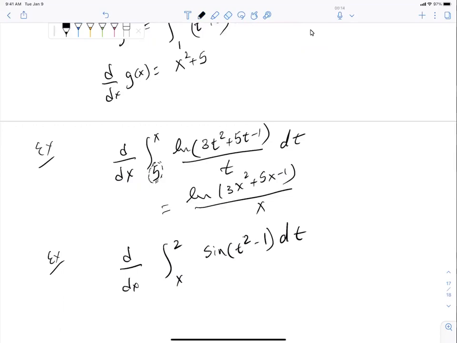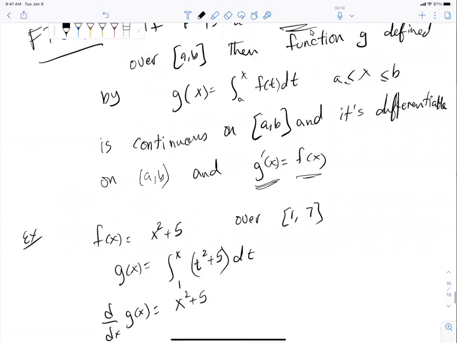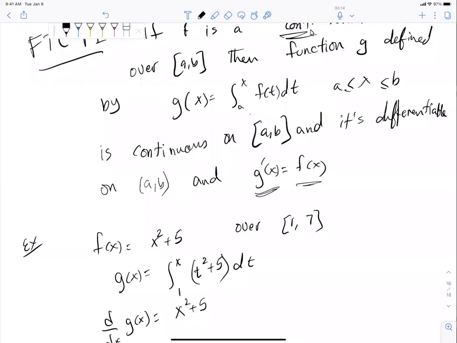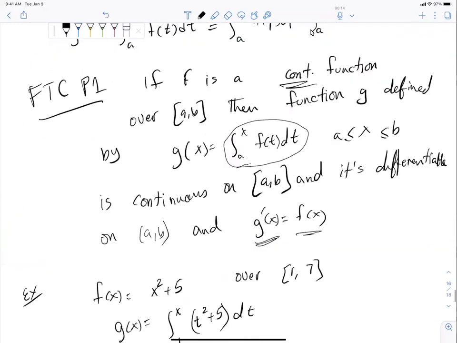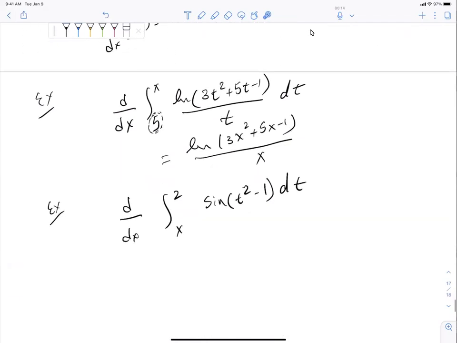But do you notice the difference between that and the form of the fundamental theorem of calculus? In that function, the fixed bound is at the bottom and the variable bound is at the top. Here, the variable bound is at the bottom and the fixed bound is at the top, but I'm still taking the derivative with respect to that variable bound.